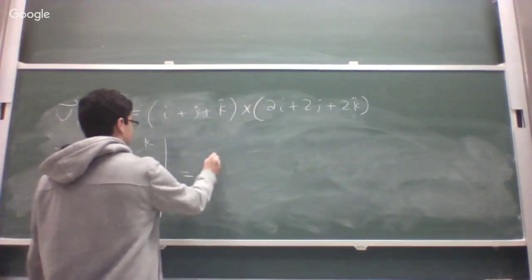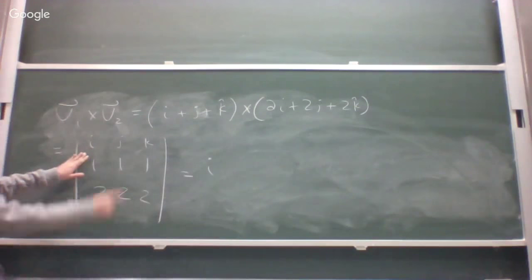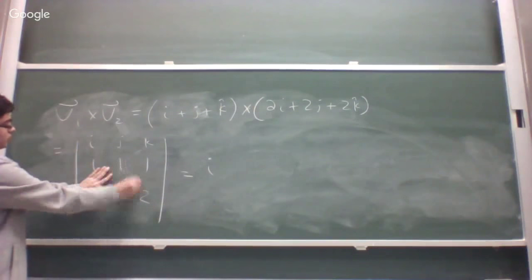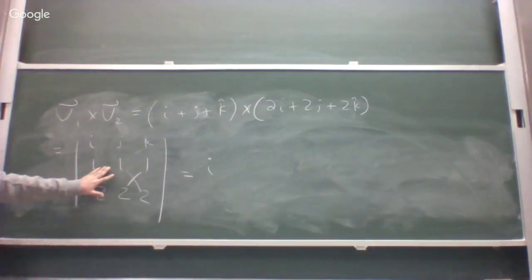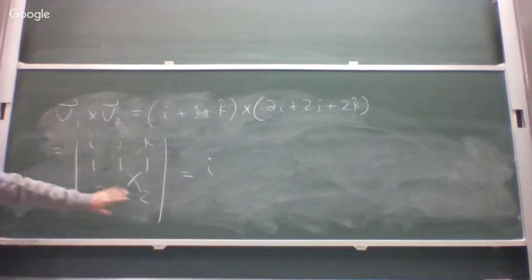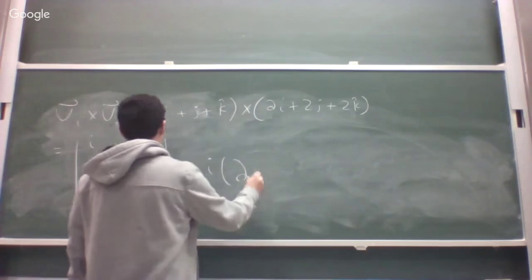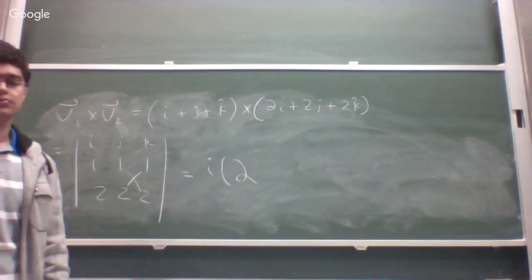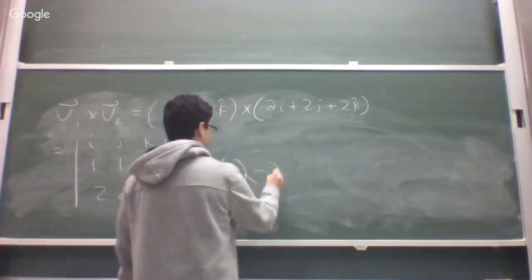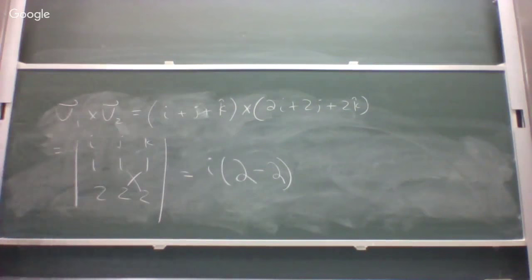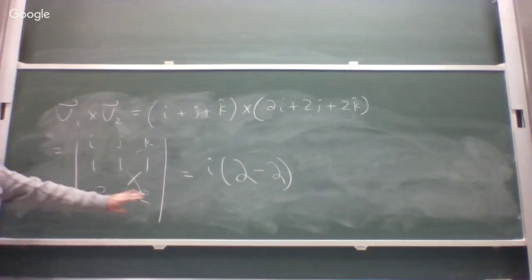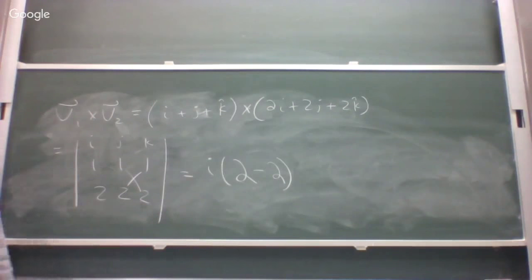The first part is you leave I, you multiply across like that. So it's 2 minus 2. So the top left times the bottom right, minus the other one. You get me?